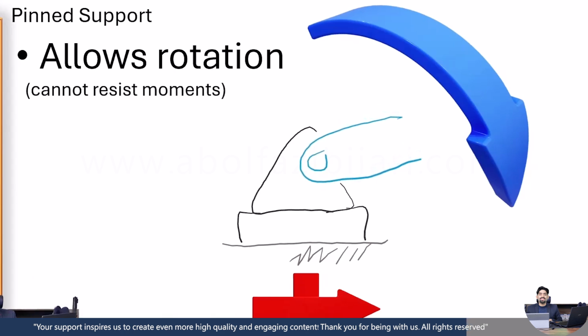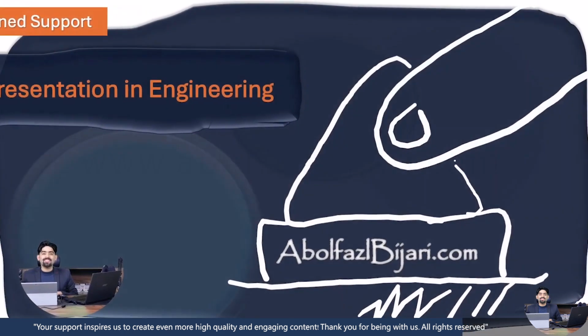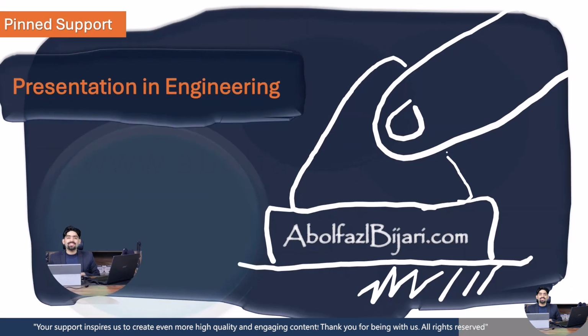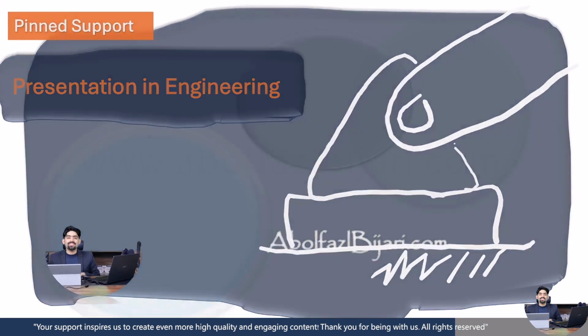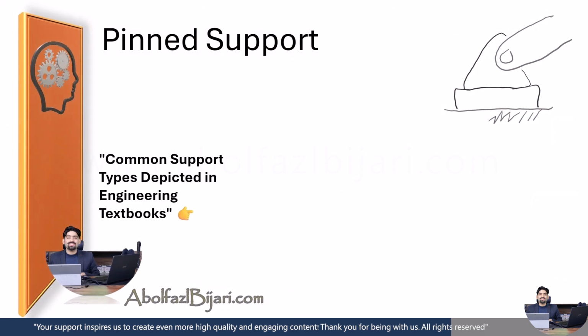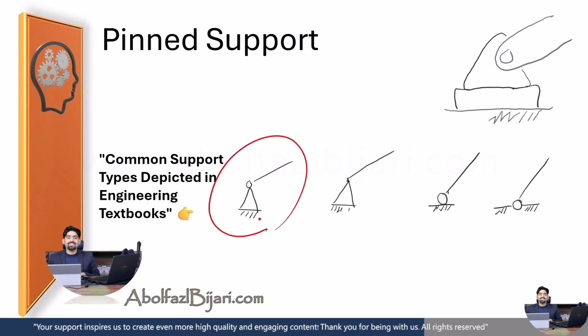And how is the pin support presented in books and software? The common graphic of this type of support is a triangle with a small circle on top. Okay?